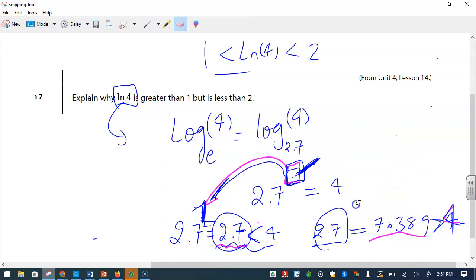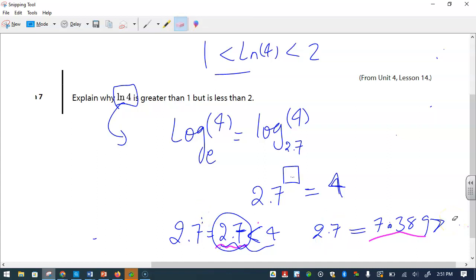So I repeat one more time, a little confusion. First, we needed to know how many times you multiply 2.7 to get 4. If you put 1, you get the number 2.7, but that is smaller than 4. Okay? Smaller than 4.